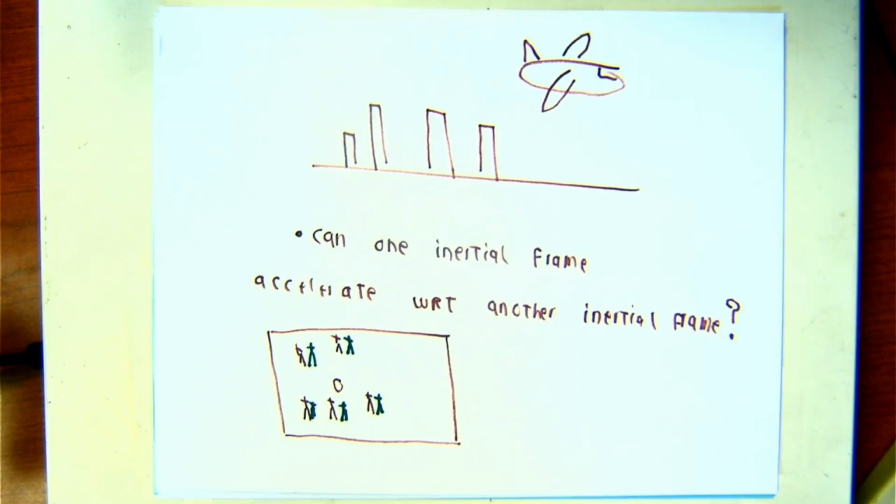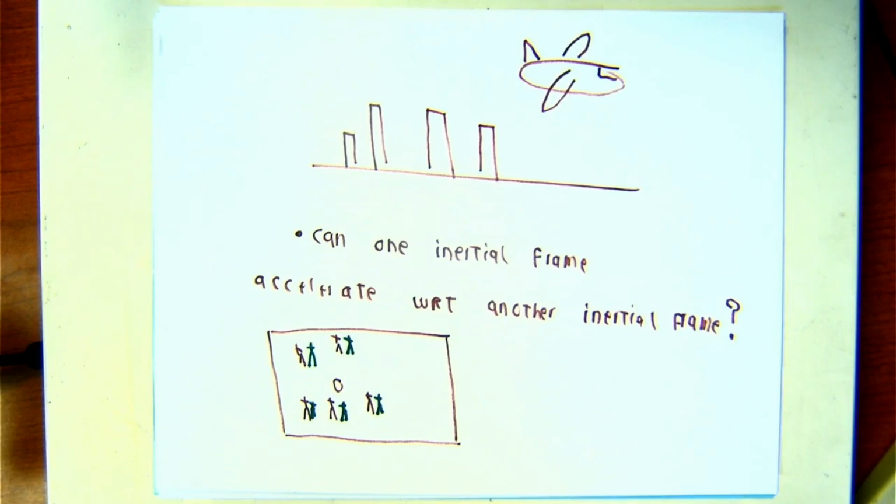This means that this can't happen if we actually have an inertial frame, because the green frame would violate Newton's first law. There would be an accelerating body that has no force acting on it. So the answer to the question is no.